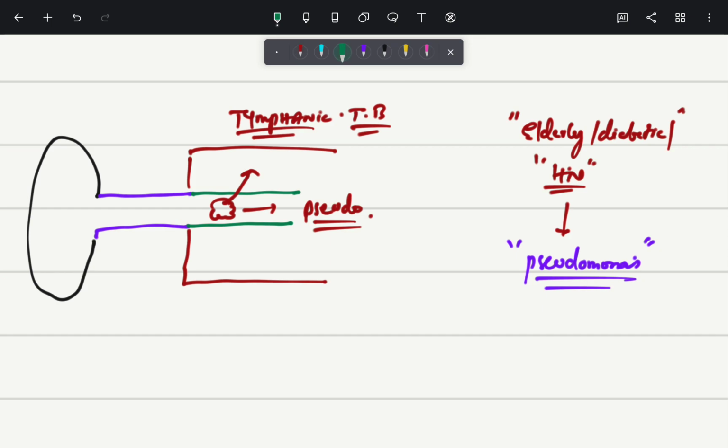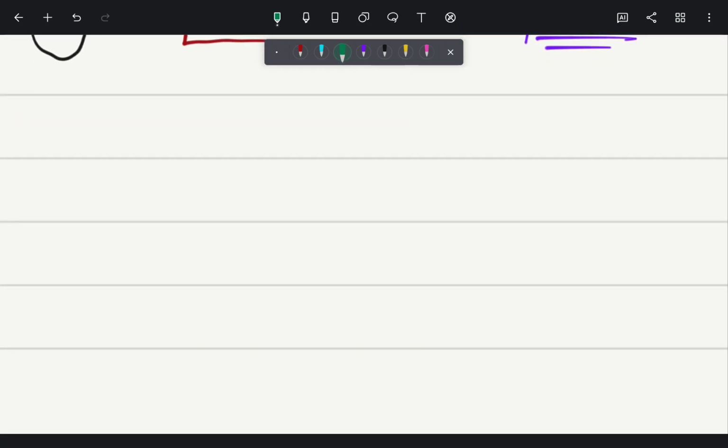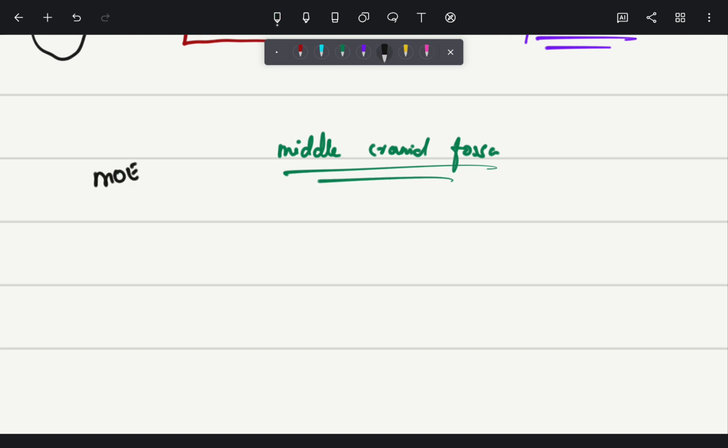And if it eats the temporal bone, it can gain access to the middle cranial fossa. So in malignant otitis externa, especially elderly people will get this Pseudomonas infection, and this will lead to middle cranial fossa involvement.